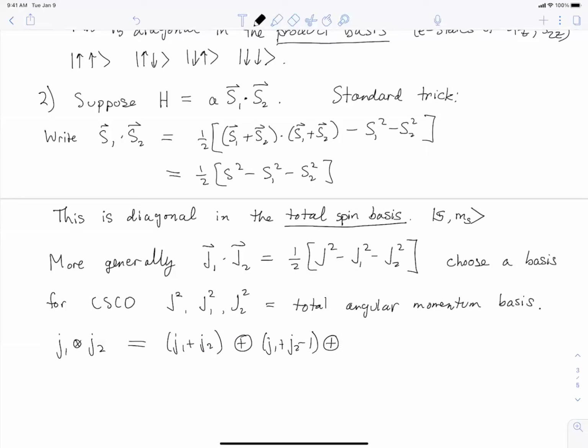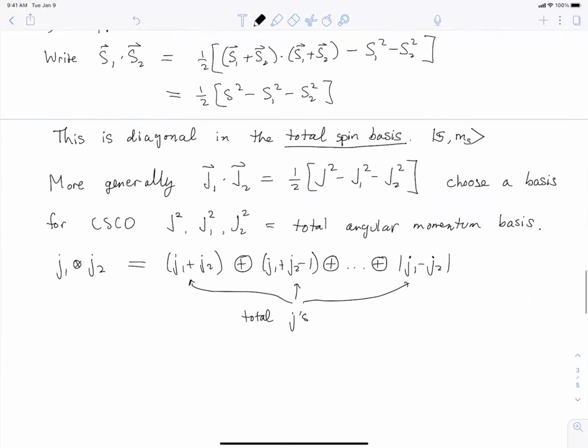And so if you take this direct product, you get the direct sum of all of these things down to the lowest possible value, which is J1 minus J2 in absolute value, because it can't be negative. Okay, and so this is telling you what are all the possible total J's that can occur in the total angular momentum basis. Okay, and we will see more of this in the next set of lectures. Okay, questions on any of this?